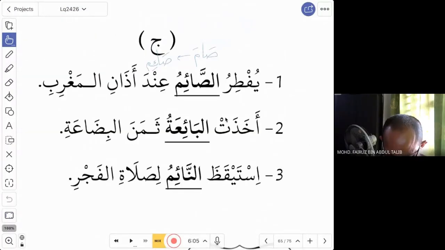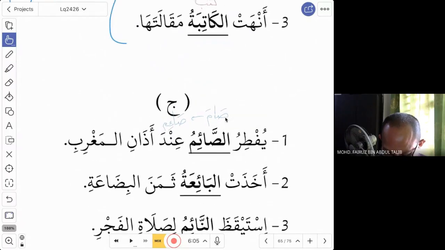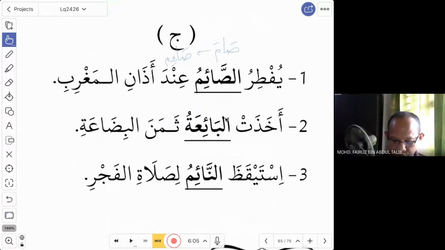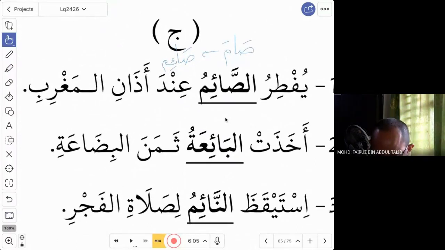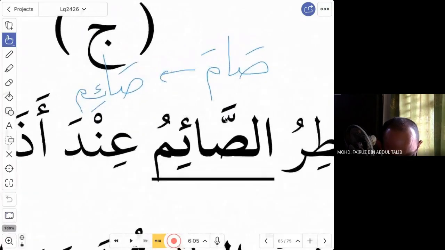Where did we stop just now? Second group? As-saimu. Okay, right. So again, we repeat the word sa'im. How do you form this word sa'im? We look at the fi'il. The fi'il is sama, sad, alif, mim. If you look at the alif, we have this harful illah.